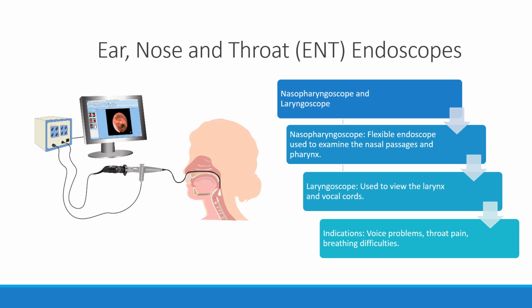Now typically they are flexible endoscopes. They go right up through the nose or even through the mouth and just visualize the entire way down. So if there's a voice problem, throat pain, breathing difficulties, they need to visualize the area. They can use a smaller flexible endoscope to view these areas.